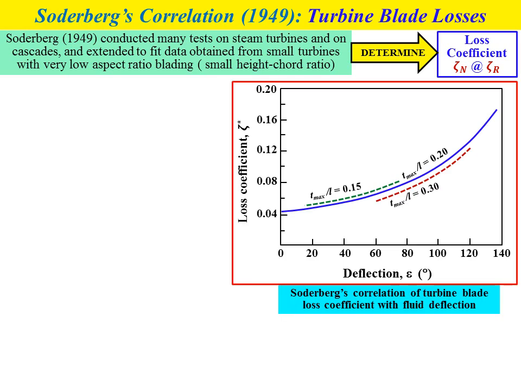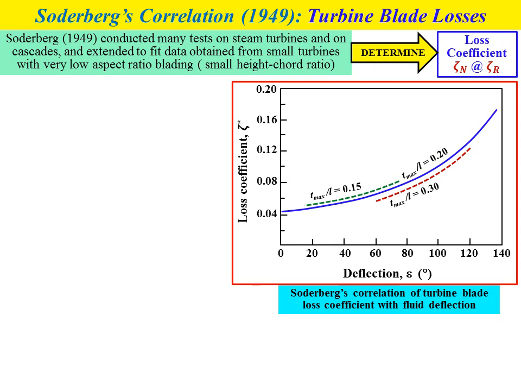So this is the result in terms of graph. The result obtained by Soderberg shows the correlation between loss coefficient zeta star versus deflection angle epsilon. In the graph we can see that there are three lines, where the blue line shows the data for T maximum divided by L equal to 0.2.